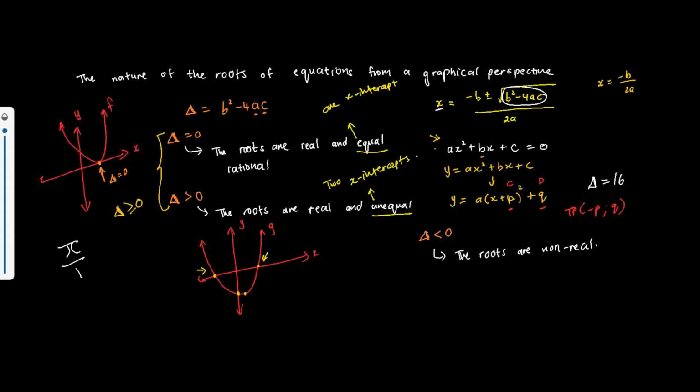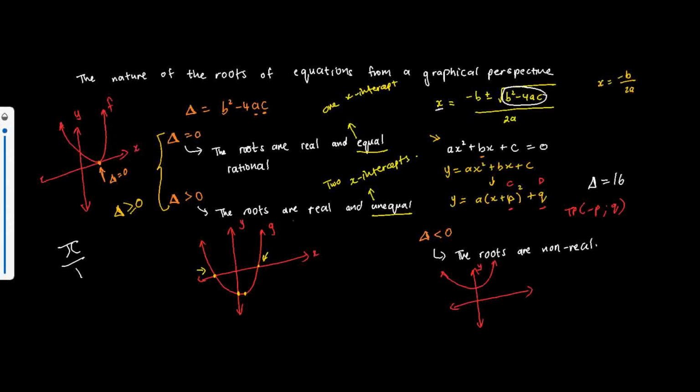Because remember, whenever we solve a quadratic equation, we rewrite it in standard form, so that you have a quadratic that is equal to 0. So when the roots are non-real, that means when the discriminant is a negative value, this is how the graph will look.